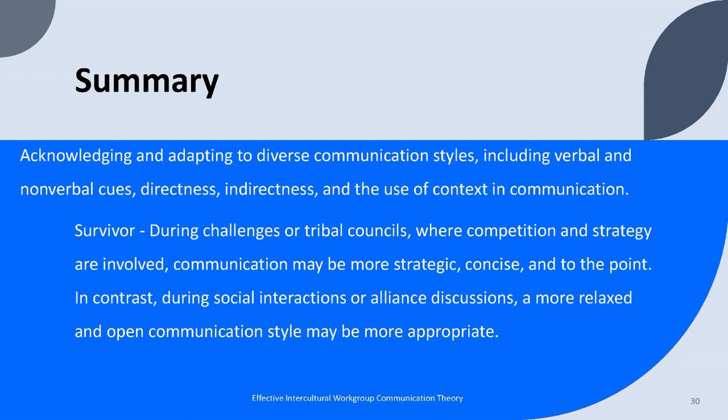In contrast, during social interactions or alliance discussions, a more relaxed and open communication style is used. So in-group, out-group, individualist, collectivist, all are in play here as these castaways work towards their individual and common shared goals, that process of achieving a common goal to get to the end and eventually win.